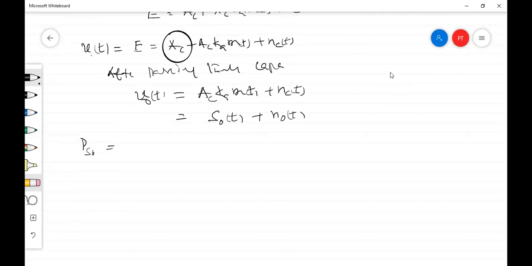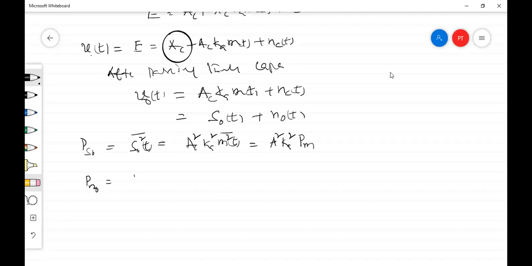Output signal power is simply S naught of t whole square, which is equal to AC square, KA square, M square of t, which is equal to AC square KA square times PM. In the same fashion you can find out PN naught. So PN naught is simply N naught of t whole square value.